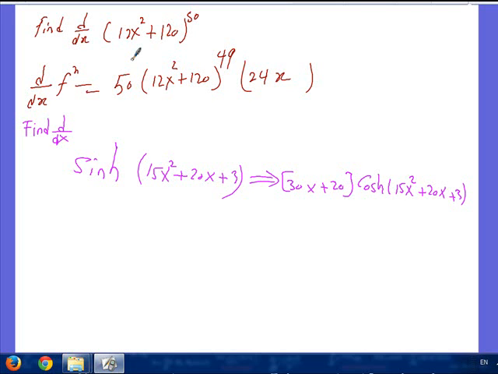So directly, if we asked you to find d by dx for 12x squared plus 120 all to the power 50, the derivative would be as follows: 50 multiplied by the bracket 12x squared plus 120 all to the power 49 multiplied by the derivative of what is inside the bracket, which will be 24x.